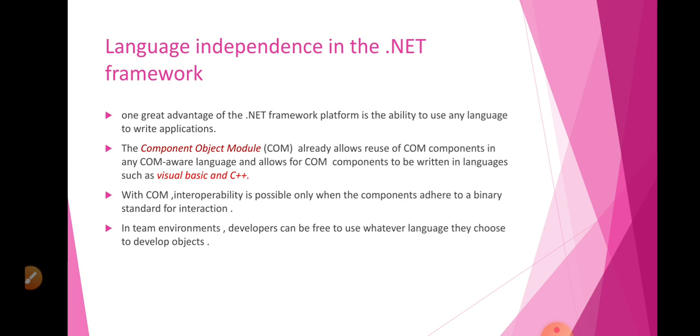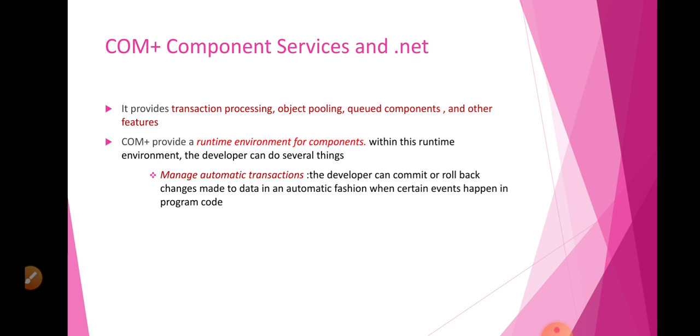Okay, students. Next, we move on to COM+ component services and .NET. First, what are the things provided by the COM+ component services? What are the services provided? Transaction processing. Transaction processing means transacting data back and forth between the client and the server. Next, object pooling.